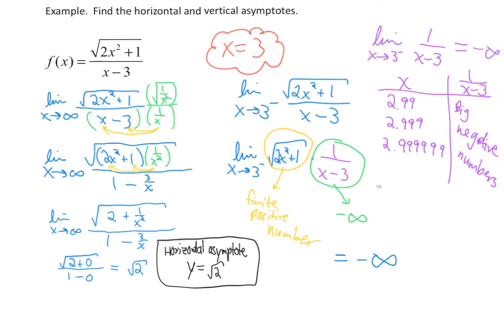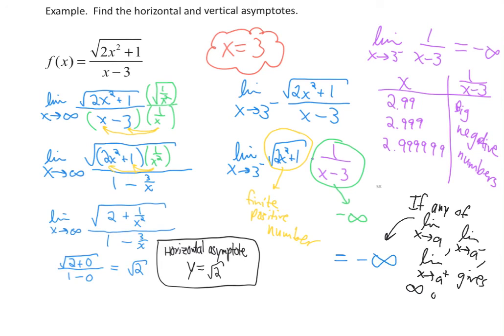And what we talked about when we talked about vertical asymptotes is if any of limit as x approaches a, limit as x approaches a from the left, limit as x approaches a from the right, gives infinity or negative infinity, then there is a vertical asymptote at x equals a.